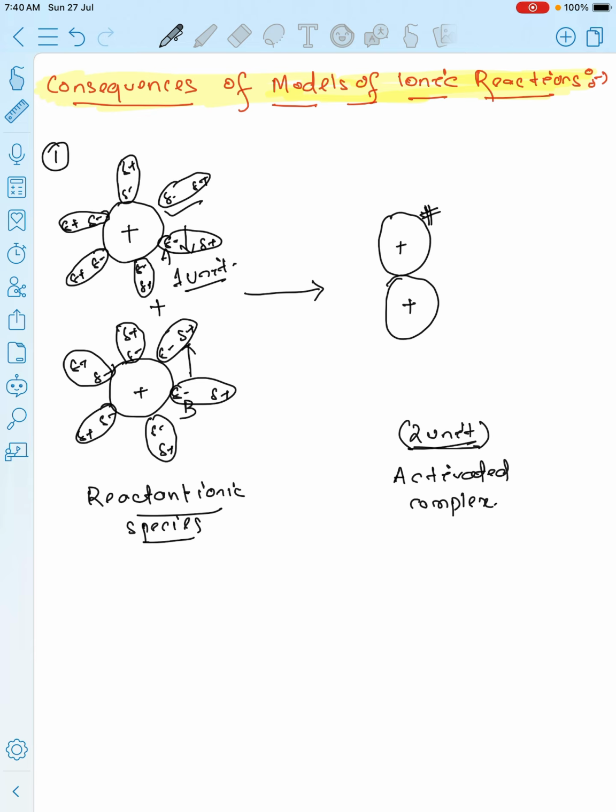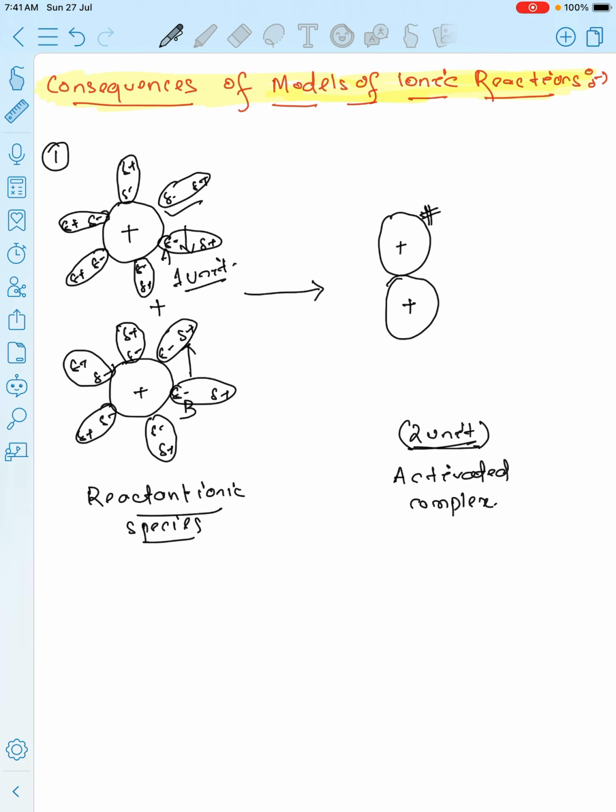That means two units of positive charge, and you already know the amount of solvation depends upon the charge density on the ion. The greater the charge on the ion, the greater the solvation. So here, as the number of units of charge increases in the activated complex, the solvent molecules will be more surrounded near the activated complex.